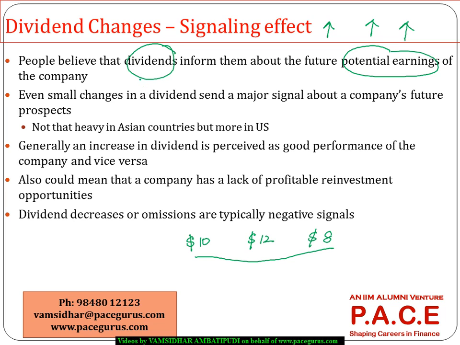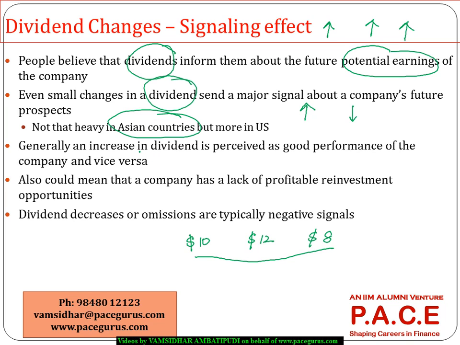In a country like the US, even if there is a small change in the dividend, the people are very skeptical about it. If it is good, they see that the company has performed really extraordinarily. If it is slightly down also, they see that the company did not perform well. But that is not the situation with many Asian countries. They don't react that badly to changes in the dividend.